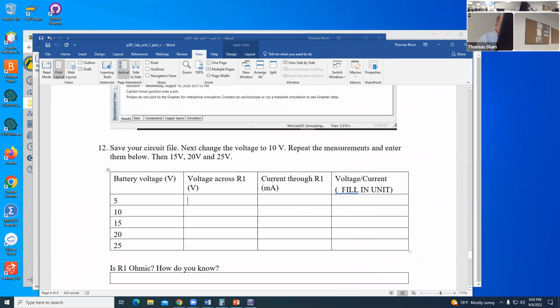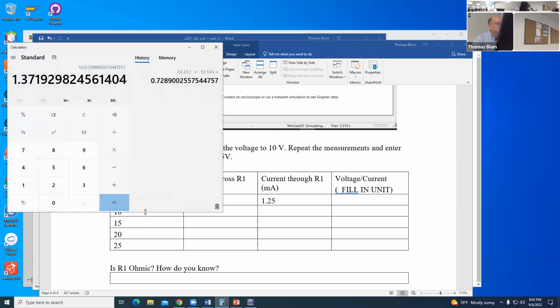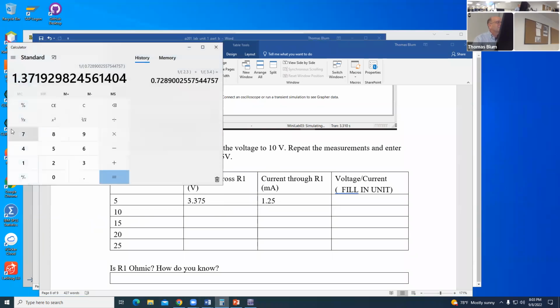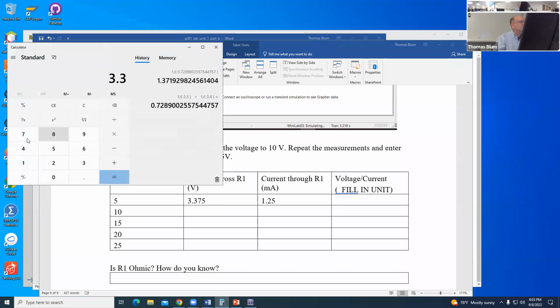I got 3.375 and then 1.25. You can use Excel and fill out all the numbers, that's one way. You can just divide 3.375 divided by 1.25. That's 2.7.